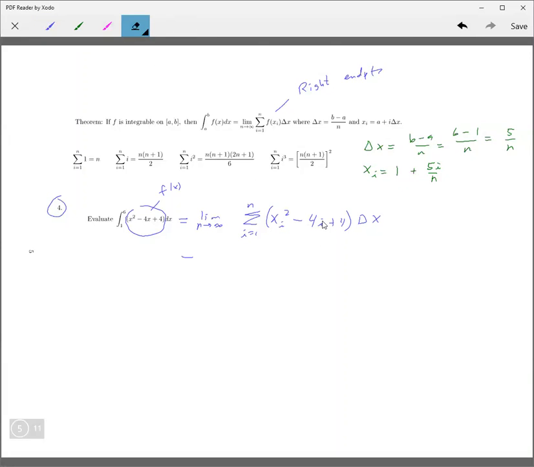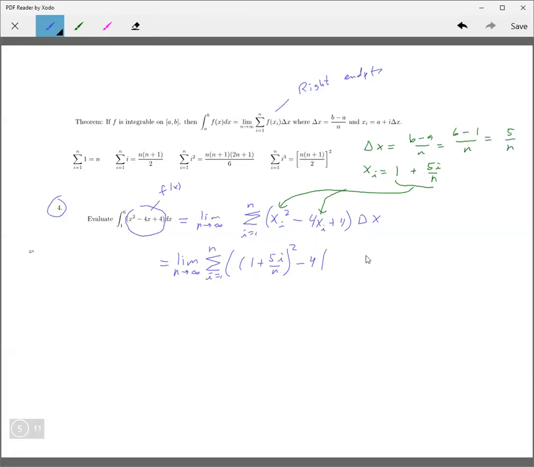I can't just write this stuff down. This is xi. Now, we know what our xi is, so we're going to put that there and here. This xi gets replaced with that, so that becomes 1 plus 5i over n, quantity squared.